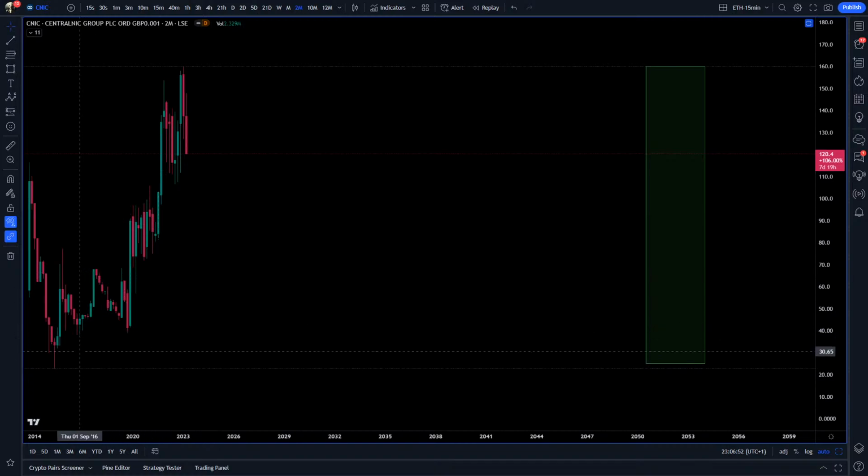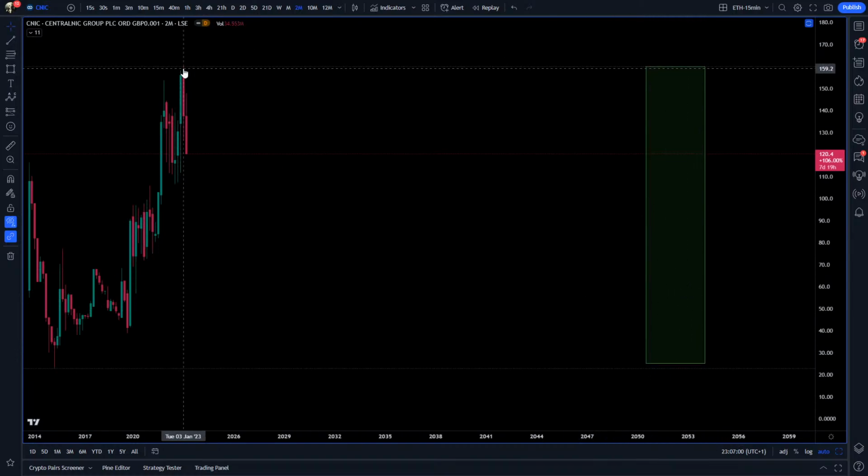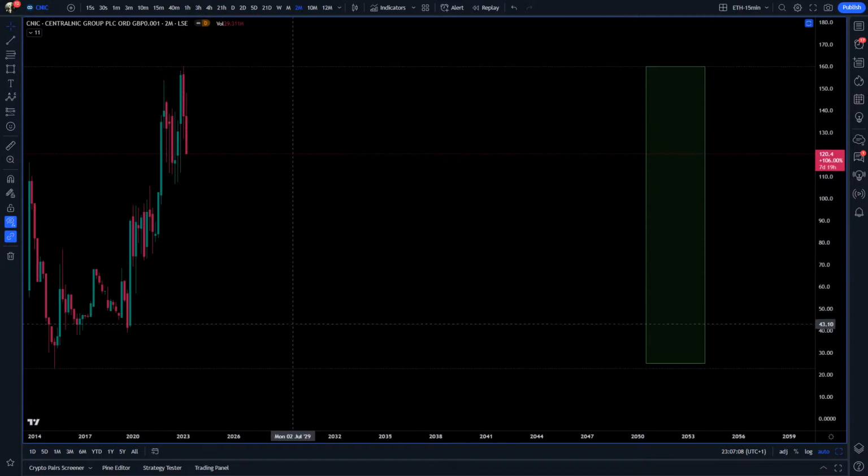The price of the market pumped from the bottom here in 2015 all the way up to the price of 160 as of January this year. So over the years, this is what I call the 3-year trend.